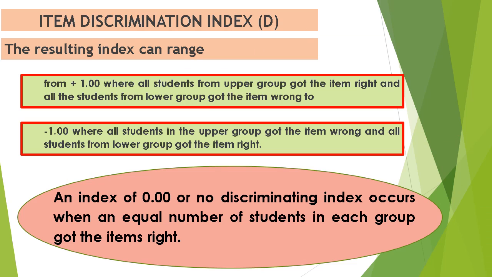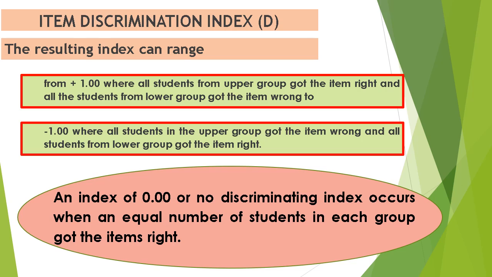So the item discrimination index, the resulting index can range from positive 1.00, where all students from the upper group got the items right and all the students from the lower group got the items wrong, to negative 1.00, where all students in the upper group got the items wrong and all students from the lower group got the item right.